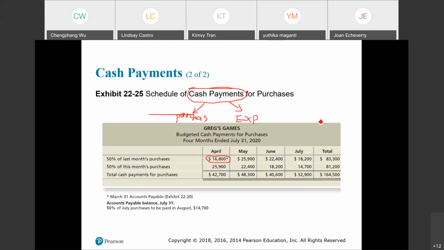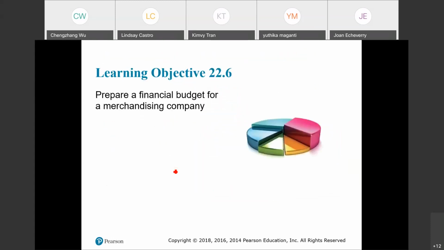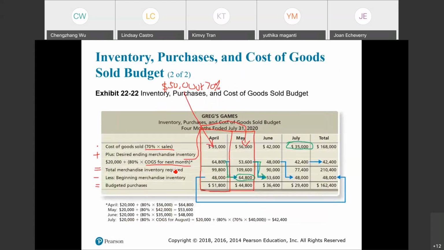Well, for the next number, 25,900. This is half of April's purchases. Well, I'm gonna ask you, where do you find this month's purchase? Right, from the operational budget, that is the purchases budget.